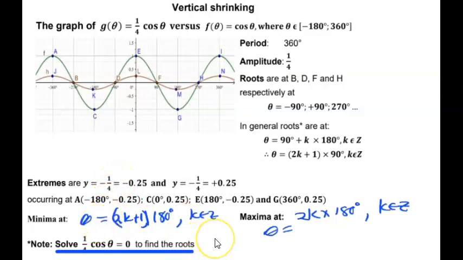Again, I want to emphasize, do not memorize this. Make sure you understand the concepts behind this. Know that this quarter in front of the cos theta is the A value that you are dealing with now, and we always want that to be positive for the stretching.